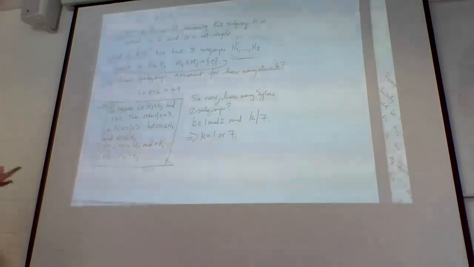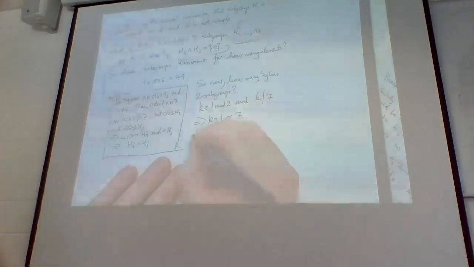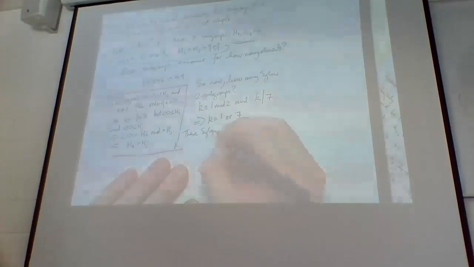But you see, these Sylow 2 subgroups are groups of order 8. So how many more of them can we fit in? See, we've only got 7 elements left to find. The group is size 56, and we've already accounted for 49 elements.